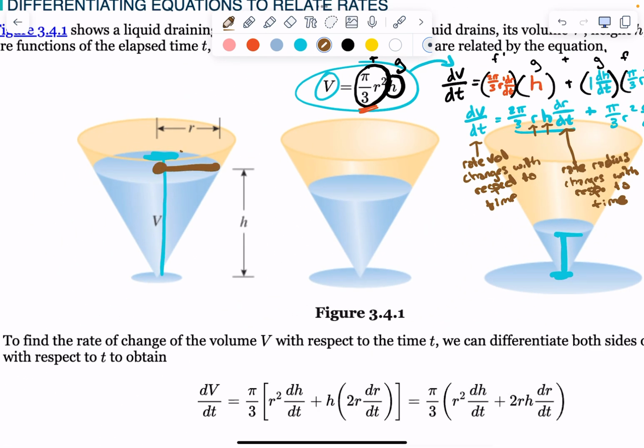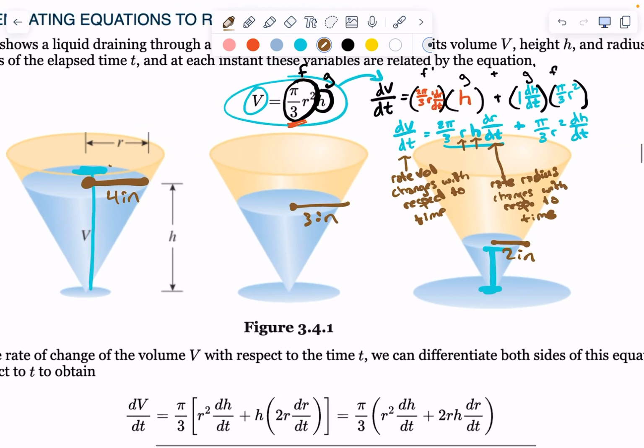Is that radius changing at a constant amount? Like if it's going from 4 inches wide here to 3 inches wide here to 2 inches wide here, and down and down until there's no water left. Is that radius changing at the same rate? No, I don't think so. I think as it gets lower and lower, it's getting sucked in really fast. So I think the radius is changing faster the more the water flows out, right?